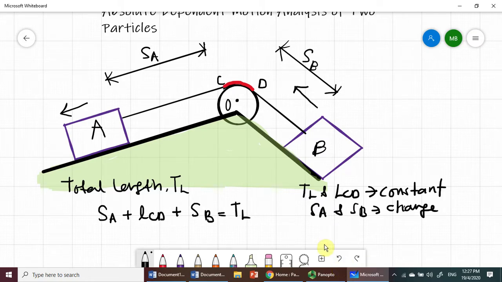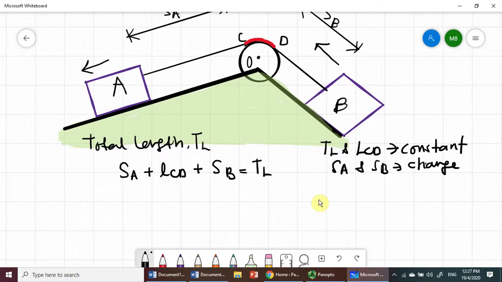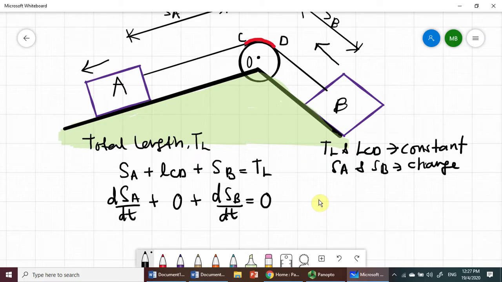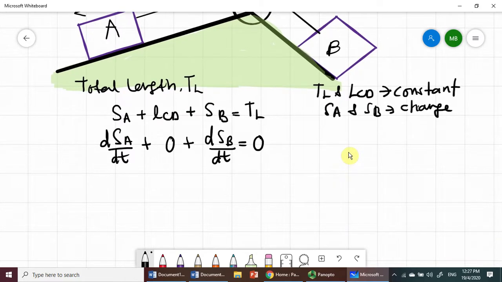So taking the time derivative of the expression, when TL and LCD are constant, when we differentiate to get the velocity, it will become 0. So we will get dSA over dt plus 0 plus dSB over dt equals 0.